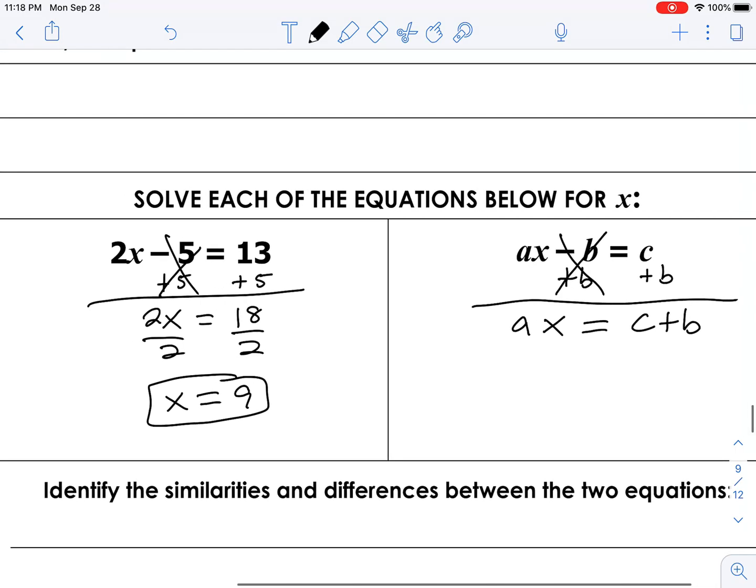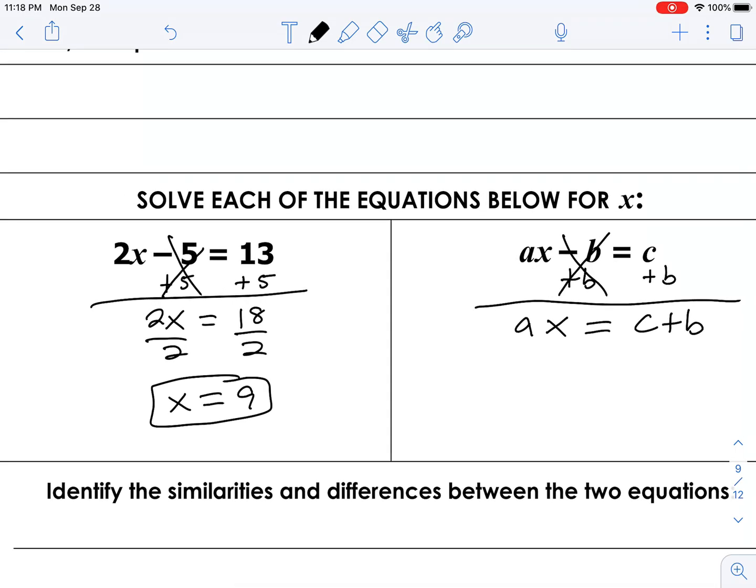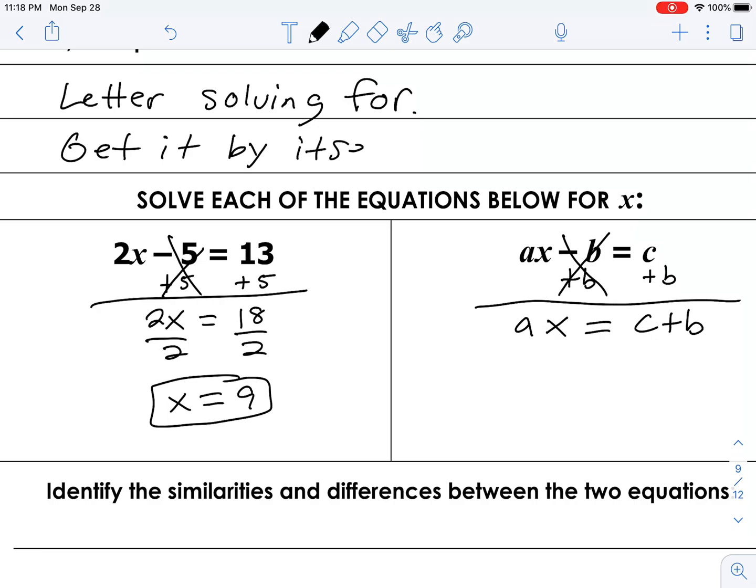And that's the key to literal equations. Whatever letter you're solving for, get it by itself. That's the key right there.